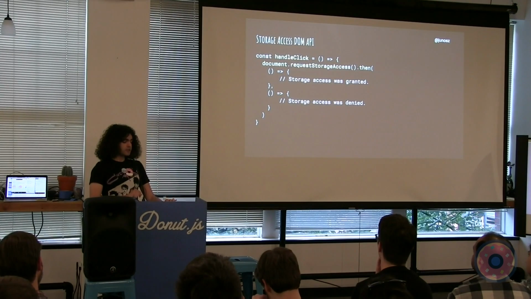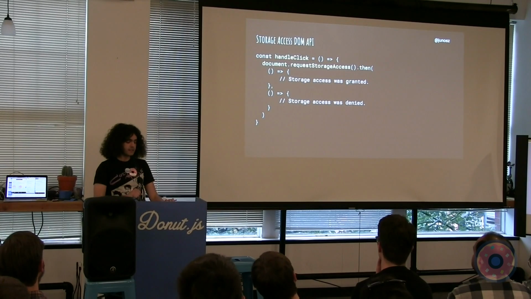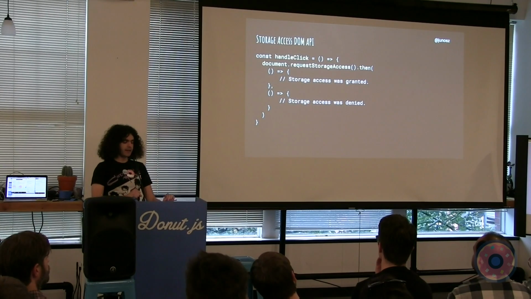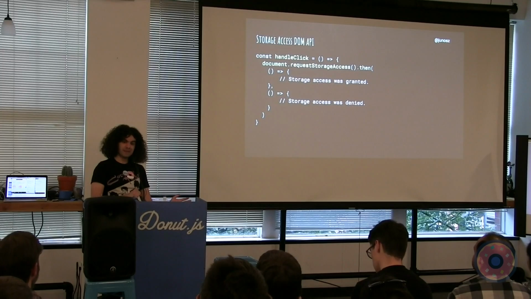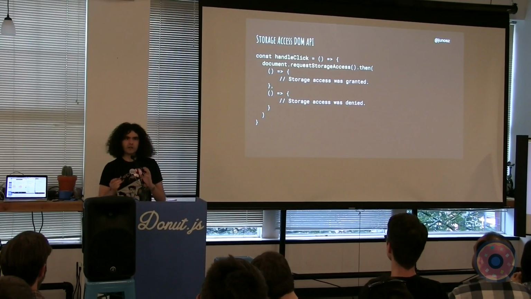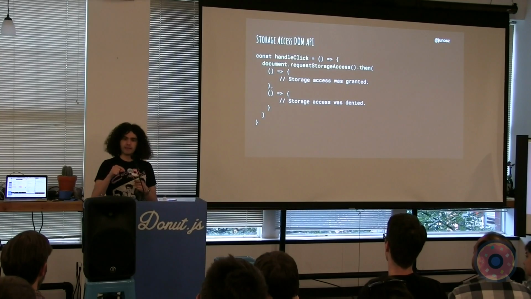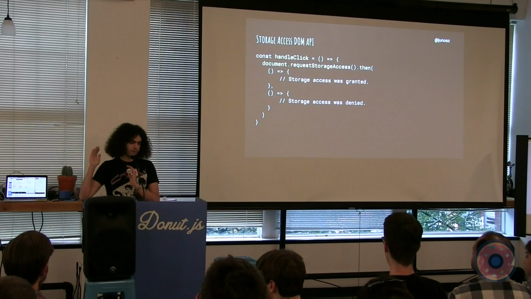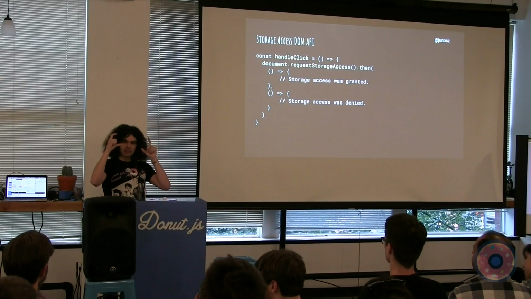The next one was a proposal from the Safari team. It's implemented in Safari. This is the storage access DOM API, and this one's specifically addressing the use case of embedded content, especially embedded video and embedded media. The approach they take is, we're going to restrict everything by default, but if it's something that the user has indicated that they're interested in, for example, they clicked on an element leading to this request, then we're going to pop open a permission dialog.